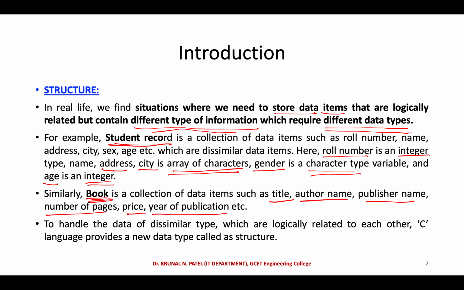So now to handle this kind of data, right, which contains different data types, which contains different types of information, how can you handle this, right? This can be handled in C language with the use of structure. Okay, so now you are clear why we are going to use this particular structure.